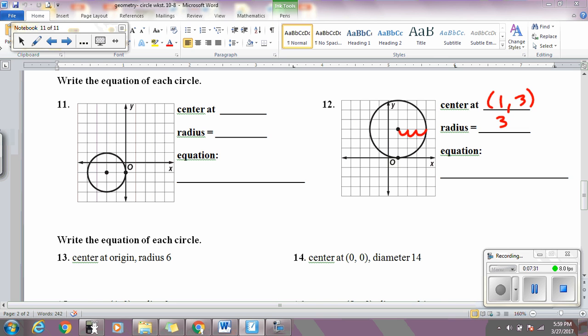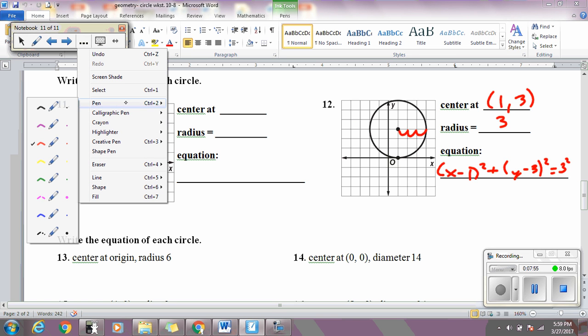Now that I know my numbers, they're both positive numbers in my center. So that means when I write my equation, they're going to both appear to be negative. So that means x minus 1 squared plus y minus 3 squared is equal to 3 squared. Now the final thing I would do is write it in its simplest form.